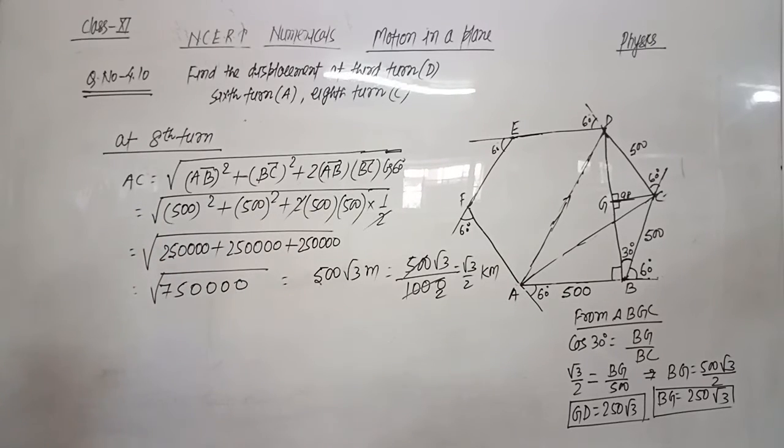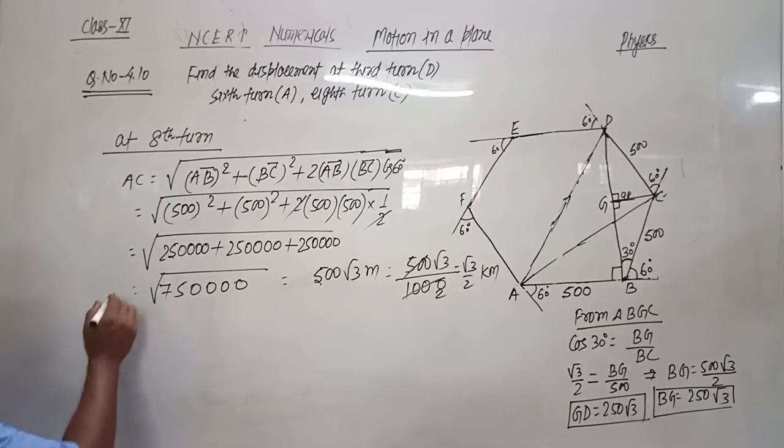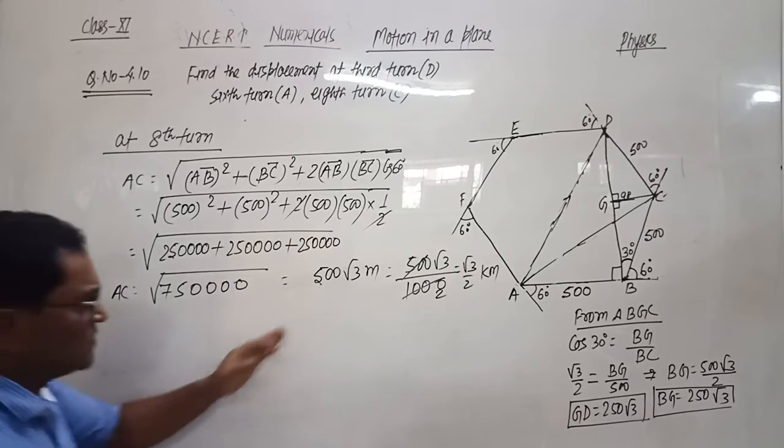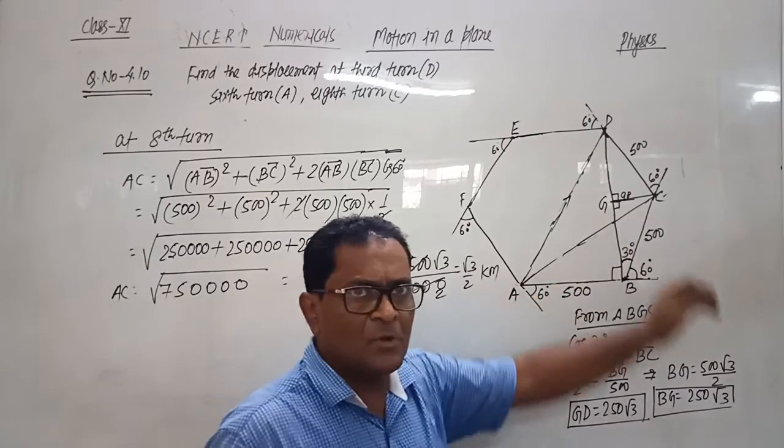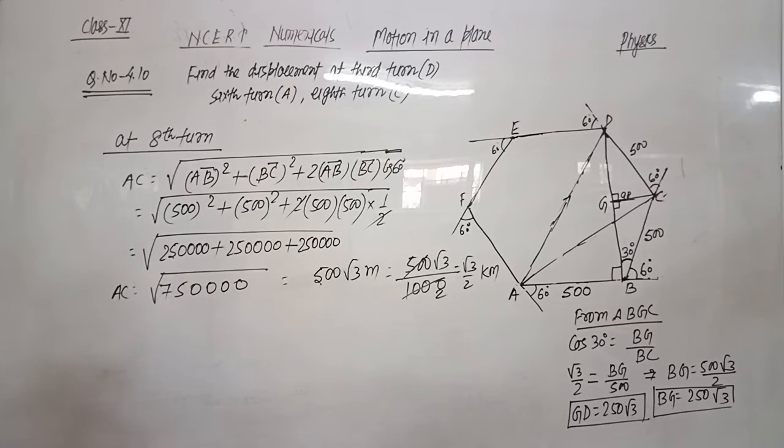So 500 root 3 meter or root 3 by 2 kilometer is the displacement AC. The displacement equals 500 root 3 meter when the motorist is at point C.